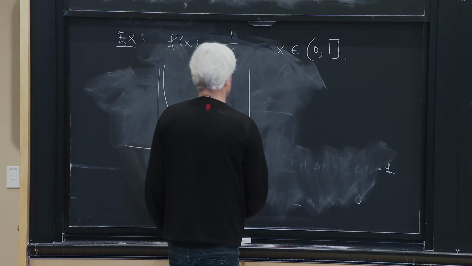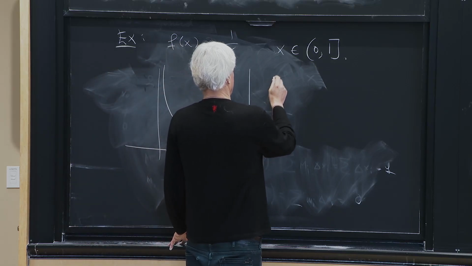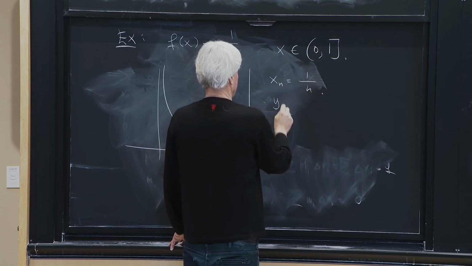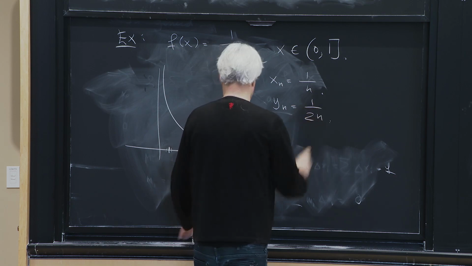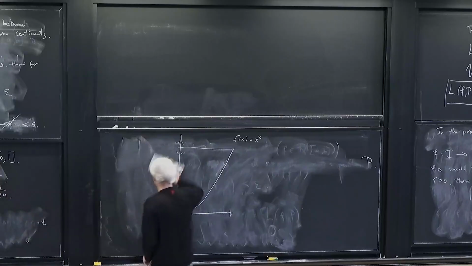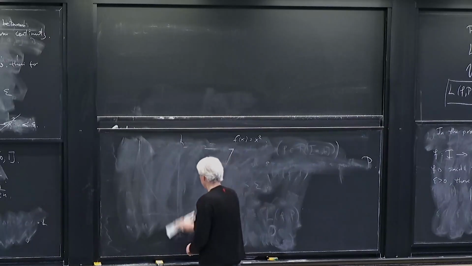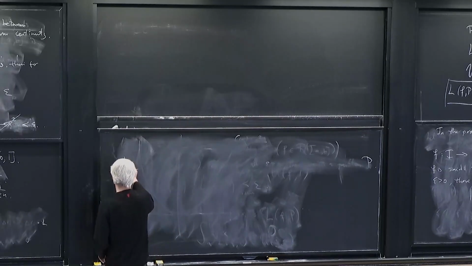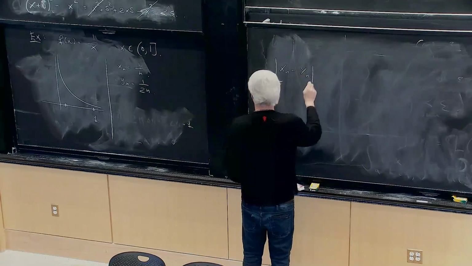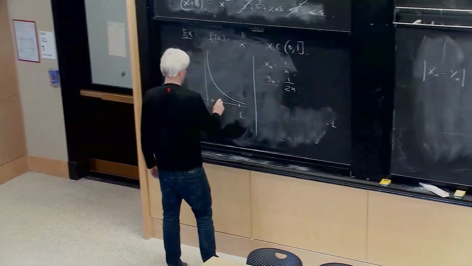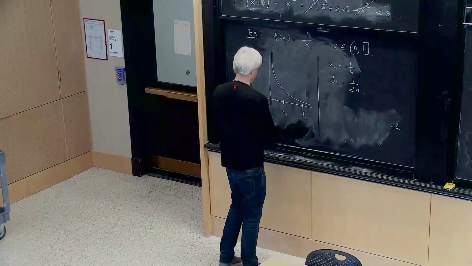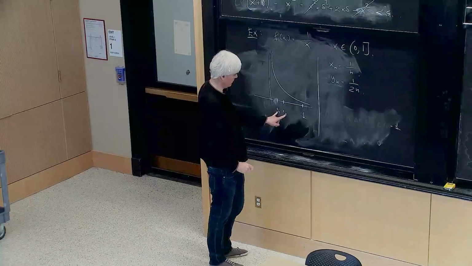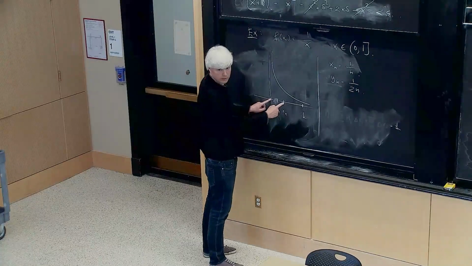So just to make that precise. If you take a sequence xn equal to 1 over n and yn equal to 1 over 2n, and you're looking at the difference xn minus yn, we don't even need to calculate anything for the first thing. Here you have xn, here you have yn, so the difference between these two is certainly bounded by this here.